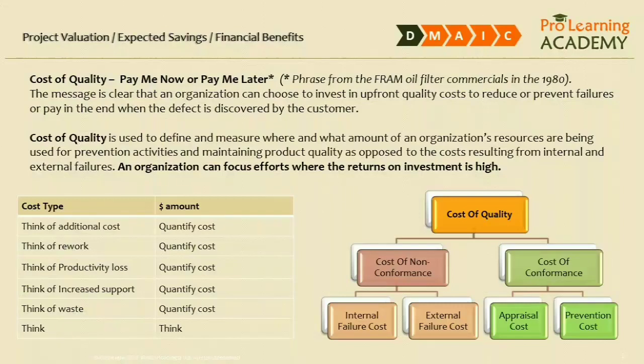So either you pay me now, which means prevent the failure, invest on prevention and appraisal cost, or pay me later. So if you would not invest on cost of prevention and appraisal, definitely your customer will identify the failure and you would pay later through your rework, your productivity loss, your additional cost, operational cost, and all different kinds of waste.